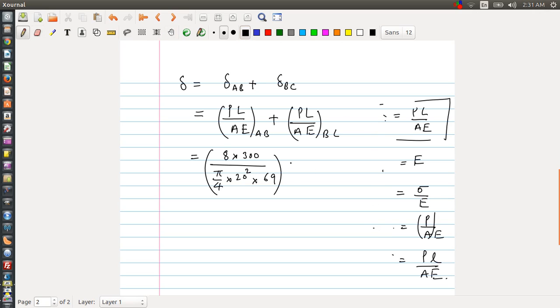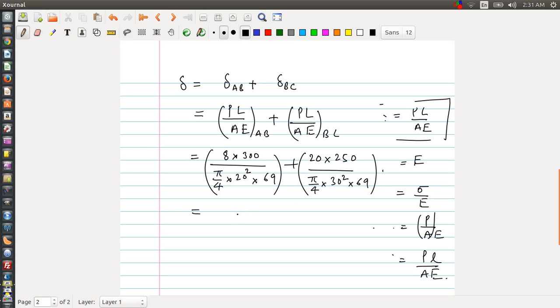And the numerical values for the section BC are, again, load experienced is 20 kilonewtons, length of the portion is 250 mm, area of cross section is pi by 4 into 30 square, in mm square, then 69 gigapascals. Be consistent with the units, plug and chug.